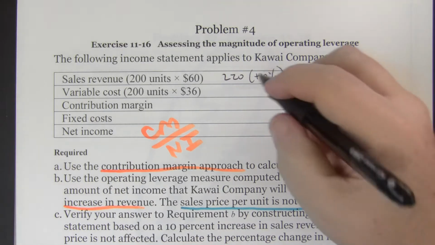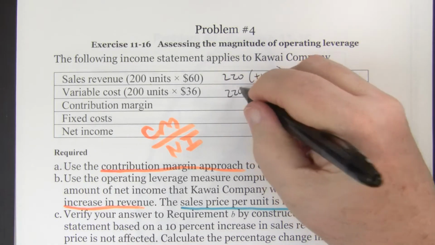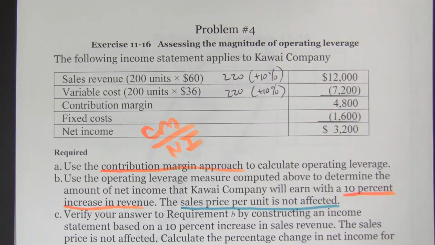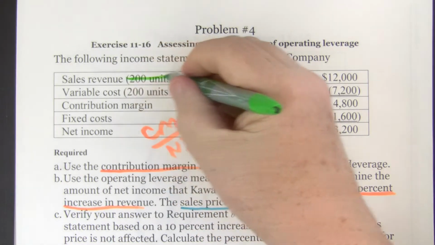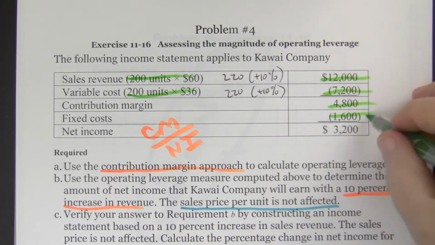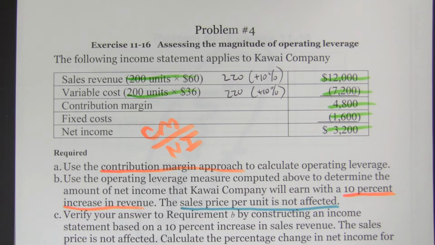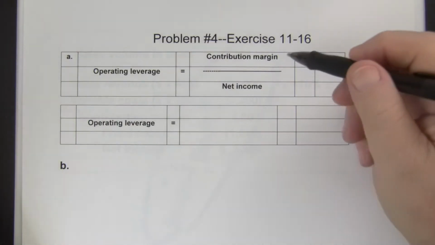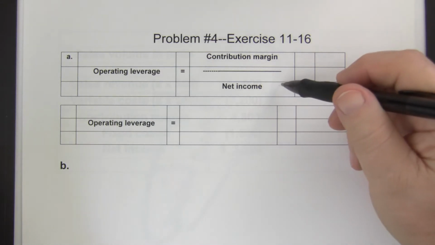And obviously that stays the same here. But these numbers that they've given us, which I'll highlight in green, are the existing numbers. So let's figure out the leverage using the contribution margin approach. Contribution margin divided by net income.